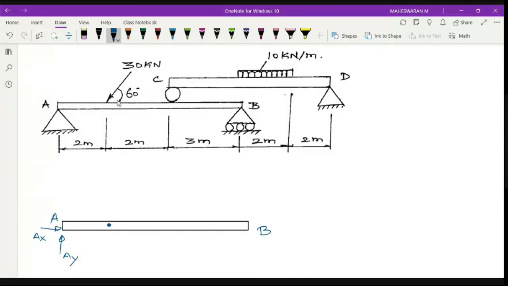It's an inclined force, which means I can resolve it. So I can make this as vertical. Vertical will be sine, so 30 sin 60. The other one is horizontal, which is 30 cos 60. I think 30 cos 60 is 15. I will directly write down. This is 15.